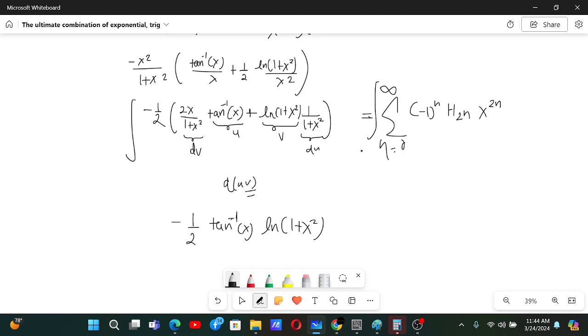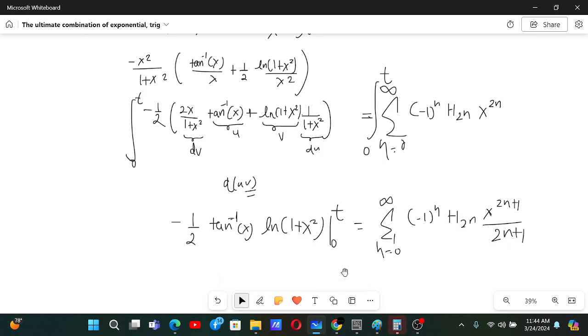Let's integrate from 0 to t. Over here we get the sum from n equals 0 to infinity of (-1)^n x^(2n+1) by 2n plus 1.